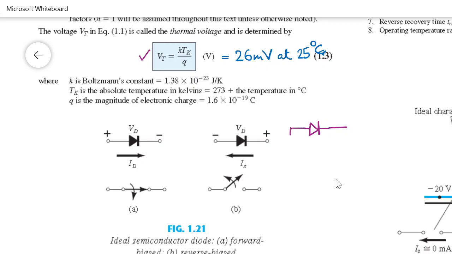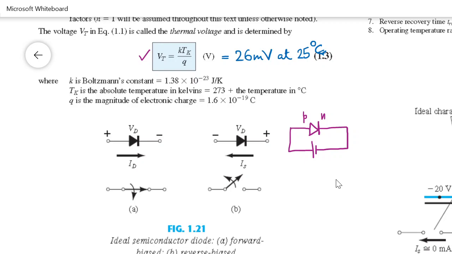So now if you connect a voltage like this, this is a forward bias. Now which end is the P end and which end is the N end, you need to understand. Left hand is P. This triangle is basically giving you the direction of the forward bias current. You can consider that as an arrow.